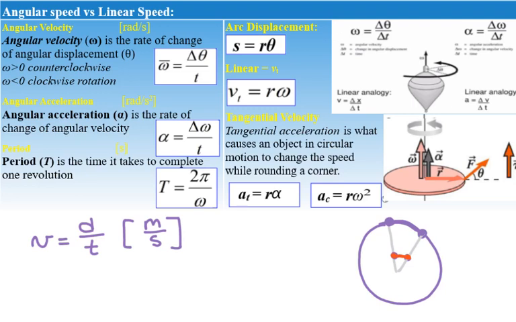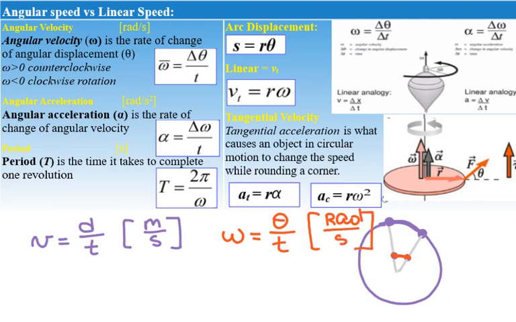So for the angular velocity, omega, it equals the angular distance, which isn't quite the right word, but the angular distance is going to be the angle. So that is angle over time, and it's measured in radians per second.